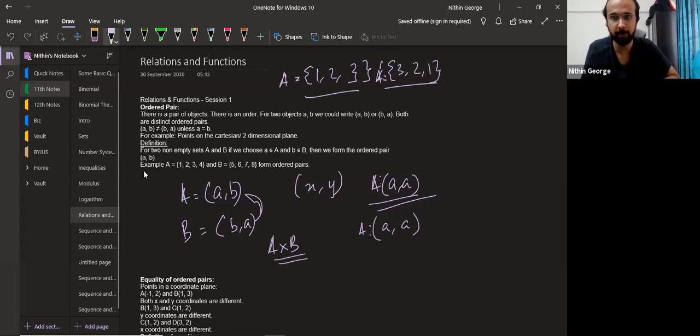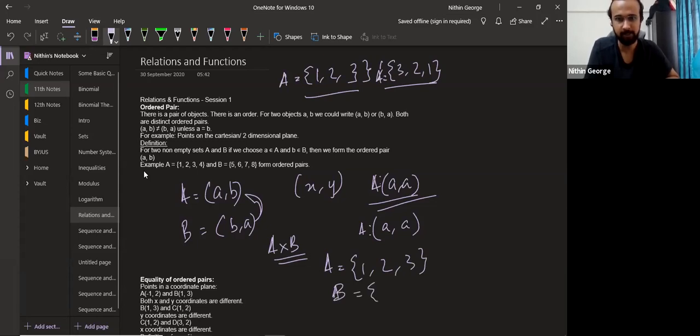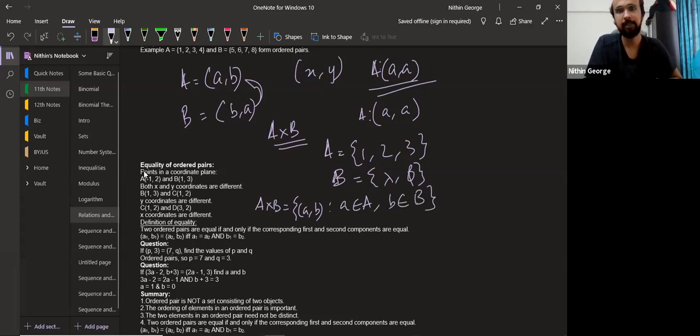For those who don't remember, if I write two sets, {1, 2} and {lambda, 5}, a Cartesian product A cross B will be a set of ordered pairs (a, b) such that a is from the first set and the second element b is from the second set. Are you guys following? So this is a set of all elements that come out like this. How many elements will be there in this Cartesian product? There will be 3 into 2, 6.